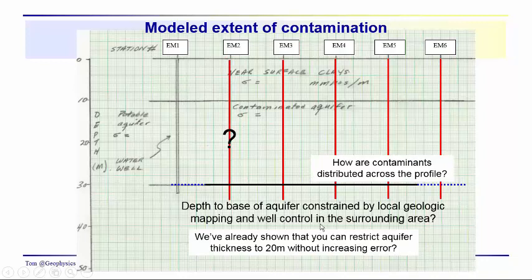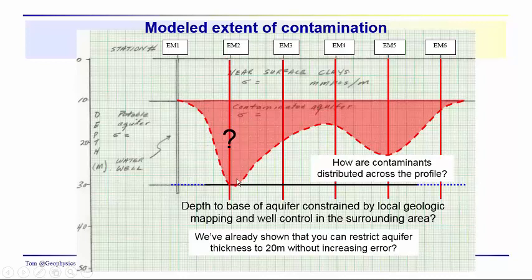So we can honor all these constraints, and we can get to a final solution of what the distribution of contaminants is, or what the distribution of the contamination zone is across this profile, by going through this modeling process.